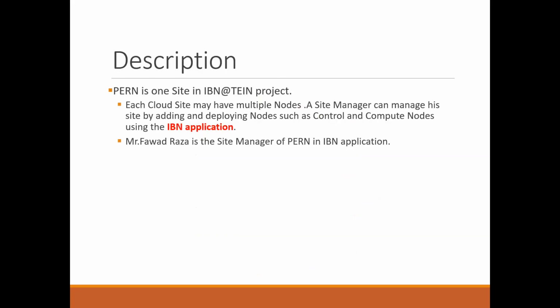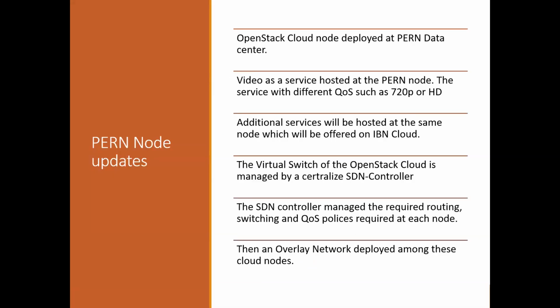So, description on the site: I am the site manager of the PAN project, PAN node deployment. The OpenStack cloud has been deployed at the PAN node, and video as a service has been deployed, which has different resolutions like 720p and HD.